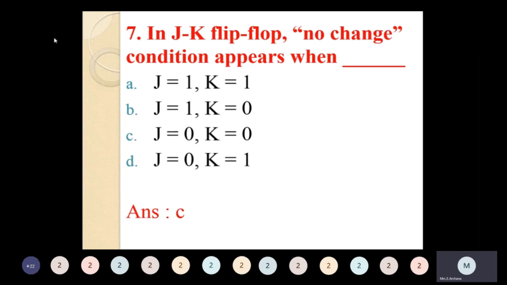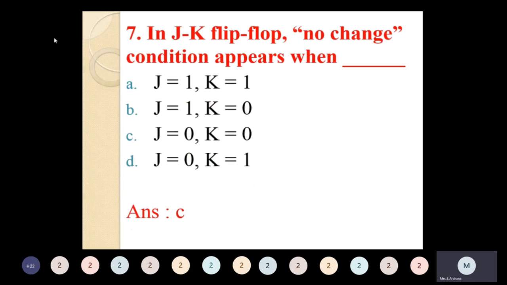The seventh question. In JK flip-flop, no change condition appears. No change is the condition, the state. This will be the state, condition. We have seen the state while seeing the characteristic table of each and every flip-flop.